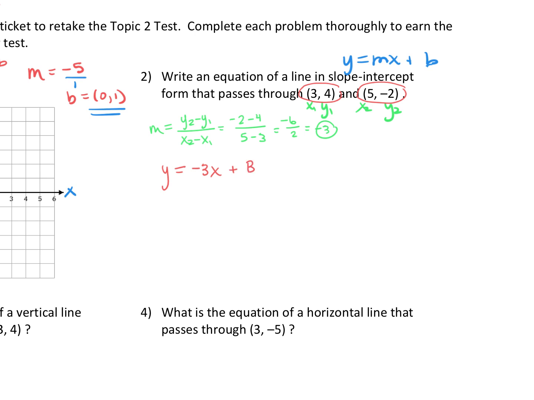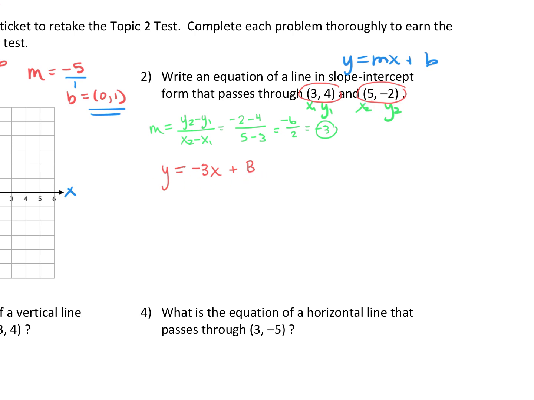I changed my b into a capital B because otherwise it looks like a 6 and I don't want to confuse anyone. All right, so how do we get that y-intercept? What we want to remember is that the equation of the line contains a bunch of points, and any point that's on the line, here we have 2 points that are on the line, will work in this equation.